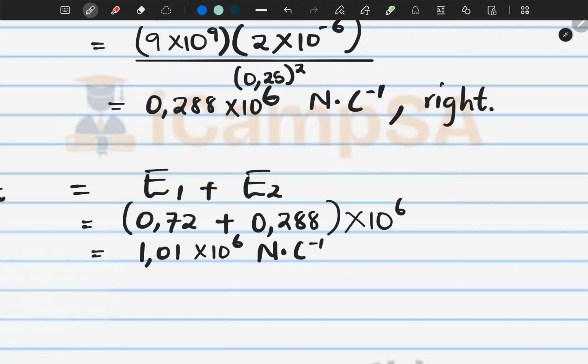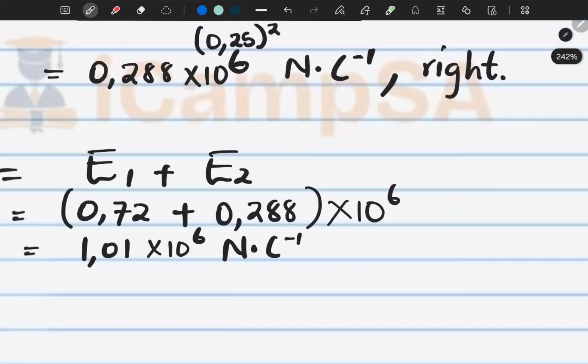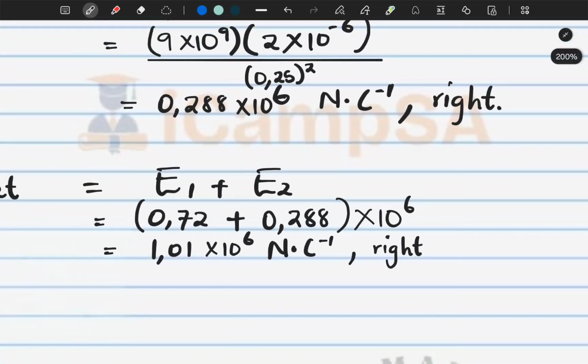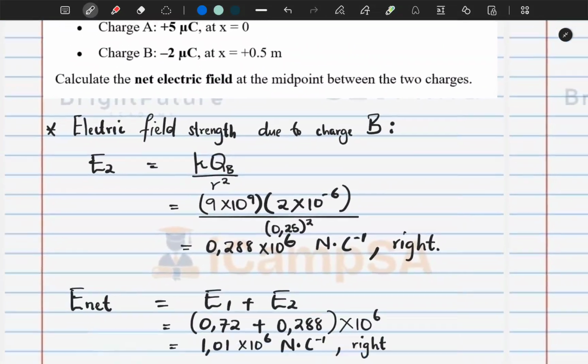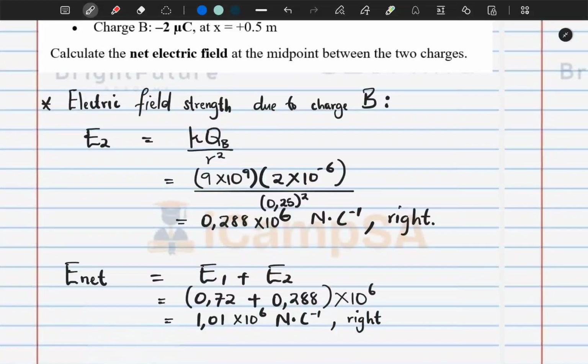Since this is positive and we chose right as the positive direction, this is to the right. If it was negative, we would say it is to the left. That's how you decide the direction of the electric field, including the net electric field.